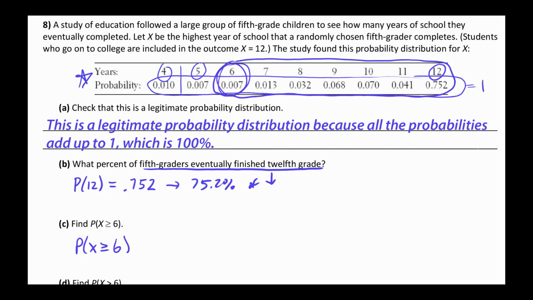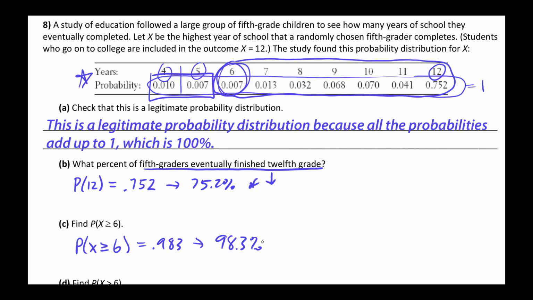If I sum those on my calculator, I will get 0.983. There's another way that you can get this pretty simply. Because we know the whole thing is 1, we can subtract those two things that are left over. If I subtract 0.010 and 0.007, I will get this answer. So again, that is 98.3%.